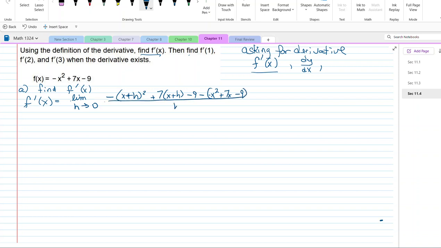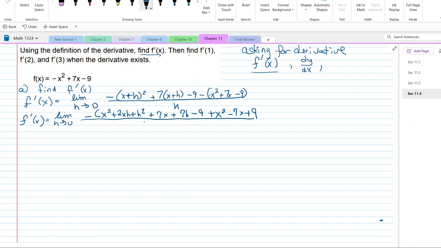All right, so I have f prime of x is the limit as h approaches 0, and we're going to do the math of FOIL, x squared plus 2xh plus h squared. A distributive property, 7x plus 7h minus the 9. Distributive property of a negative, plus an x squared minus a 7x plus the 9, all over the h.